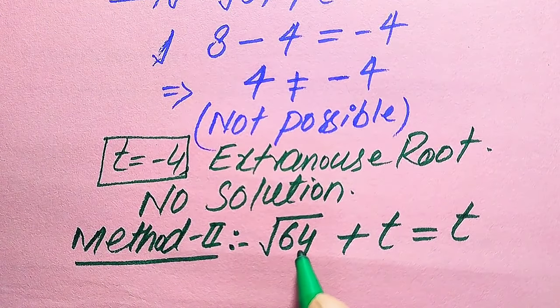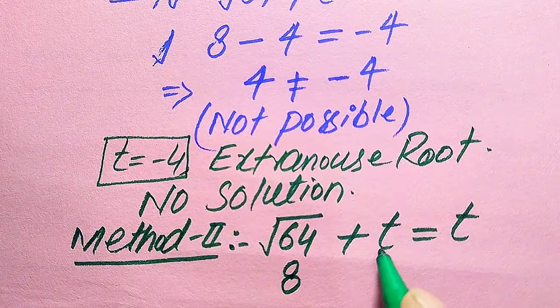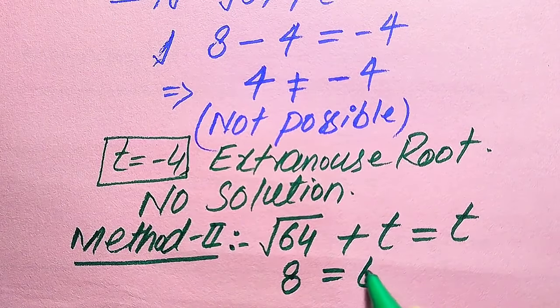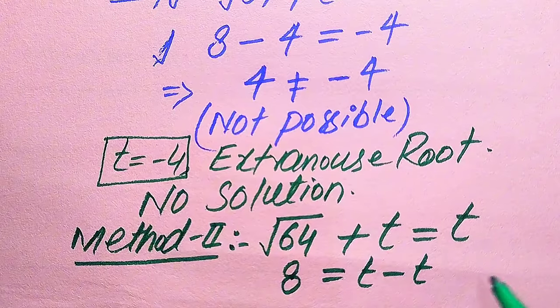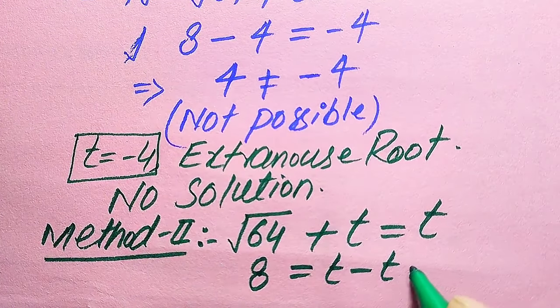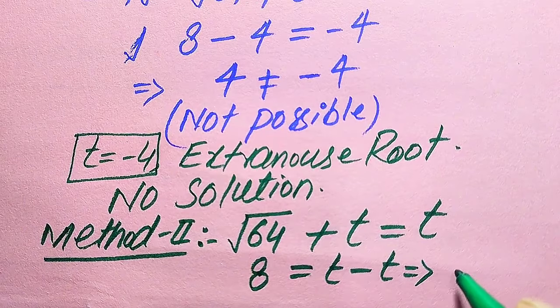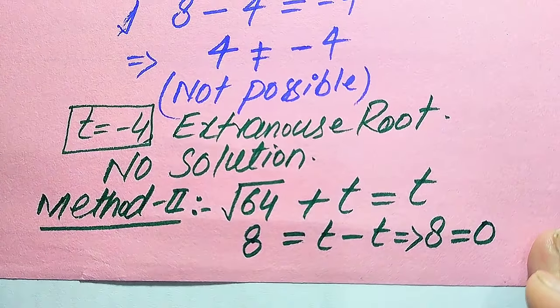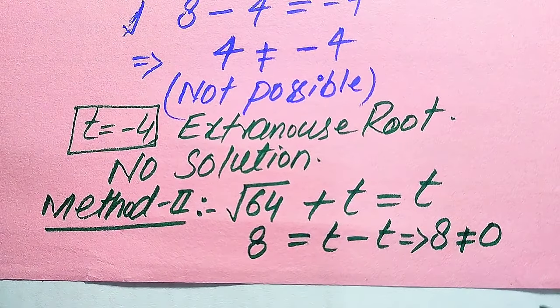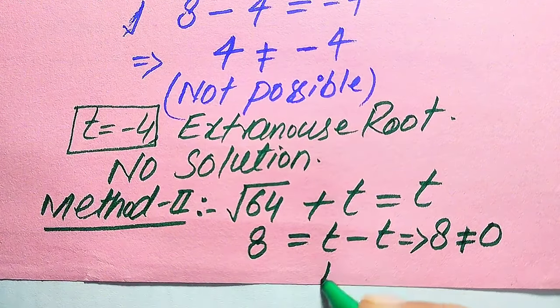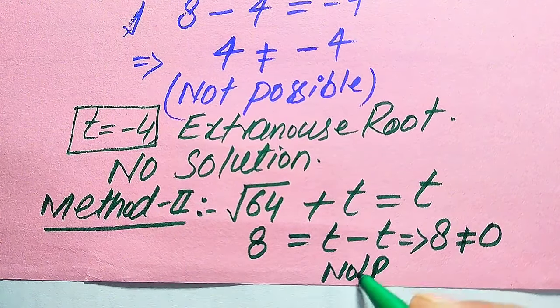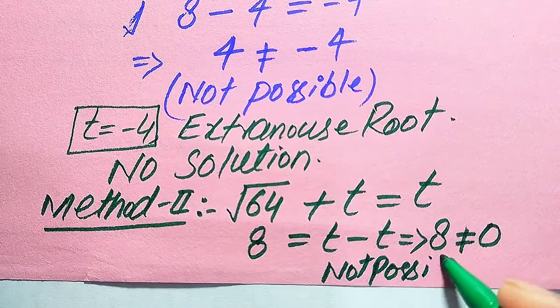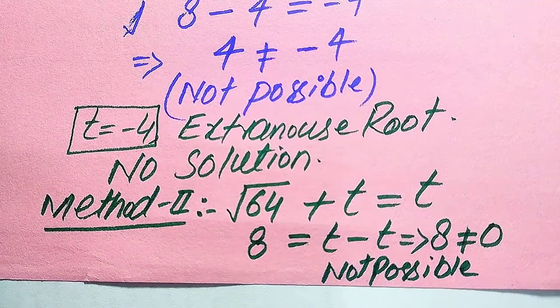You know the square root of 64 becomes 8, and we move this t to the right hand side and it becomes t minus t, and t minus t becomes 0, and we get 8 equals 0. And you know that 8 is not equal to 0, so it is not possible that 8 equals 0.